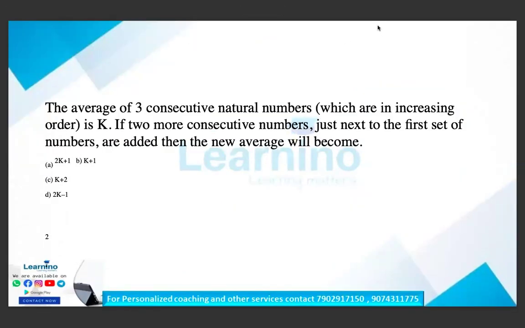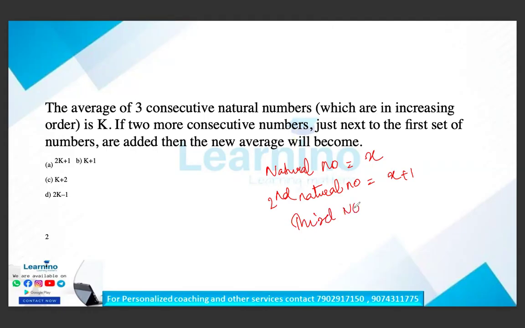The average of 3 consecutive natural numbers in increasing order is k. If 2 more consecutive numbers just next to the first set of numbers are added, then the new average will become? Let the first natural number be x, the second x plus 1, the third x plus 2.